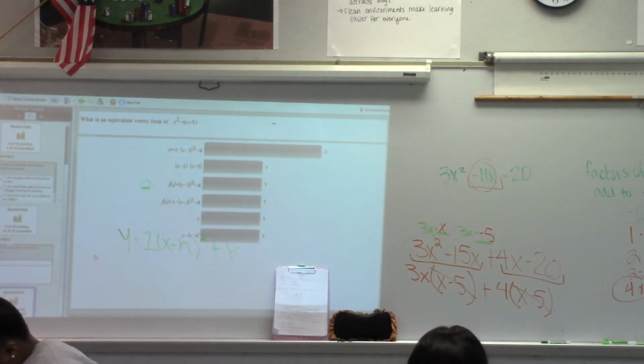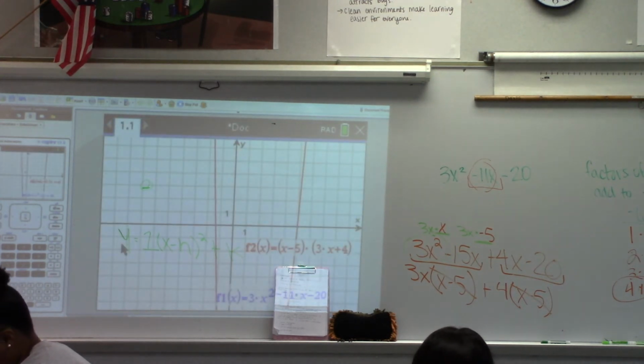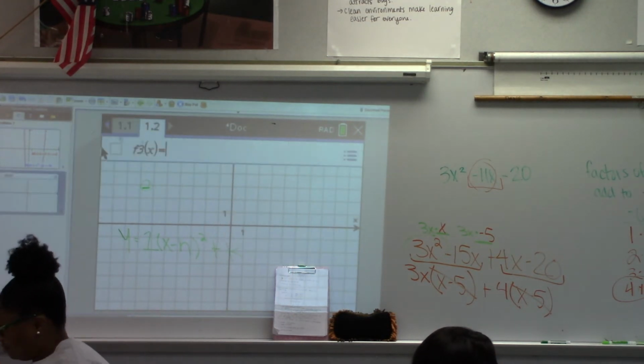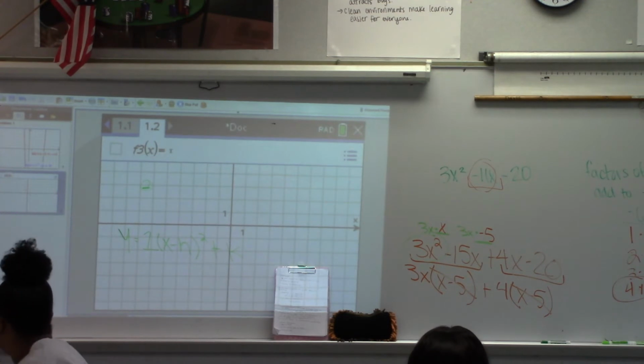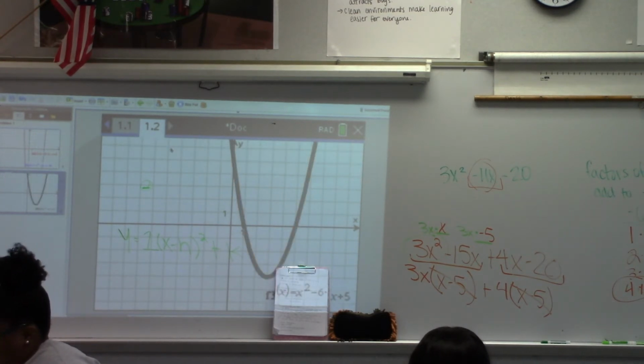So whenever you graphed this one, what was this one? X squared minus 6x plus 5. Okay, so whenever you graph this, what do I need to do now, KT?